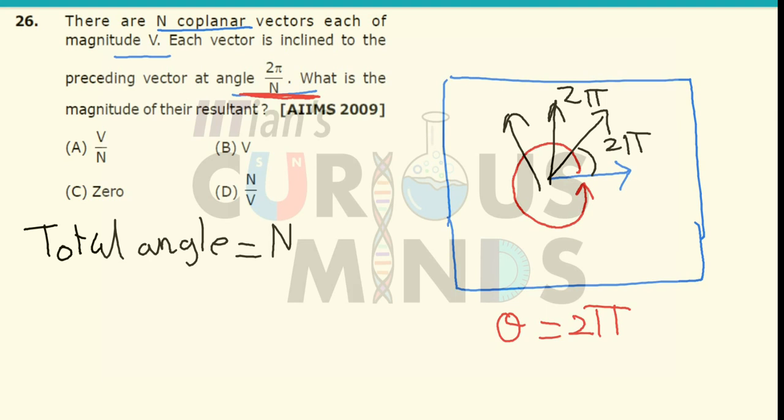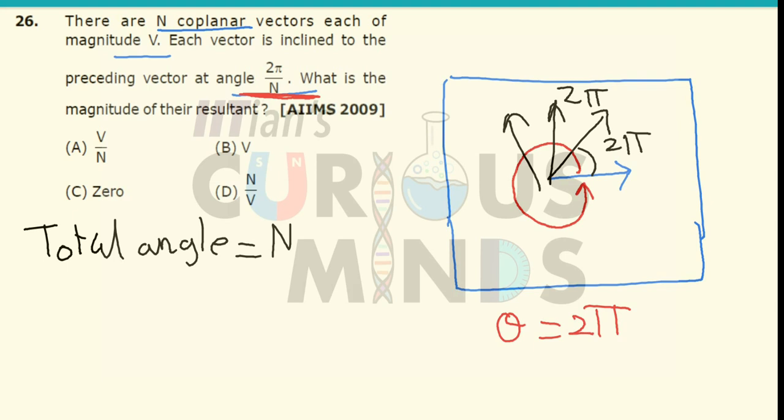If there are 10 vectors, each will make an angle of 2 pi by 10.